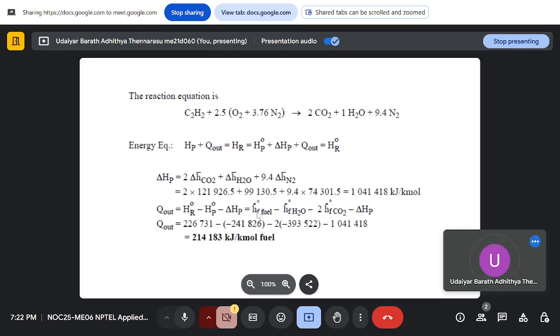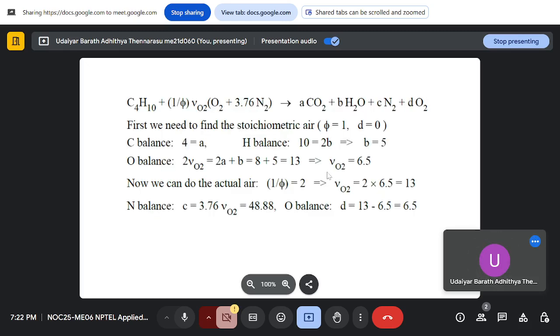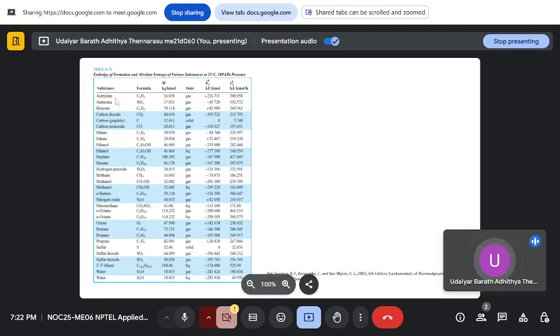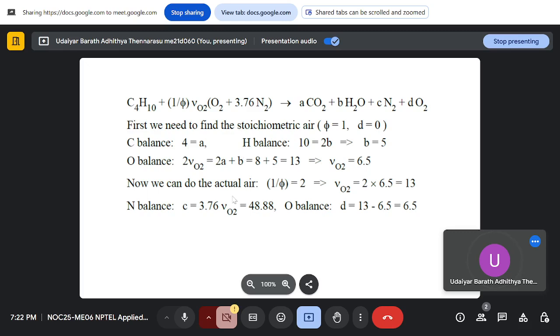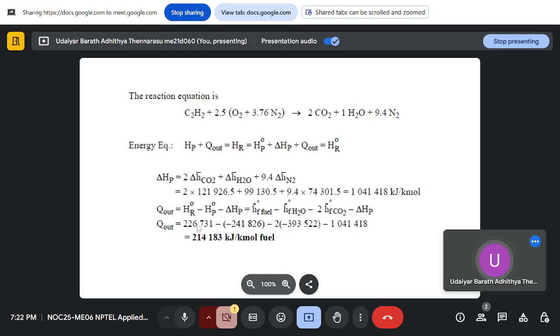So the enthalpy of formation of fuel for acetylene, we see here acetylene is 226731. So substituting 226731 minus for water and CO2.